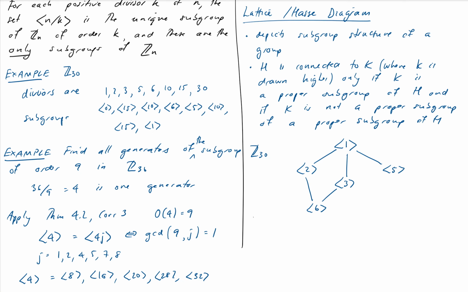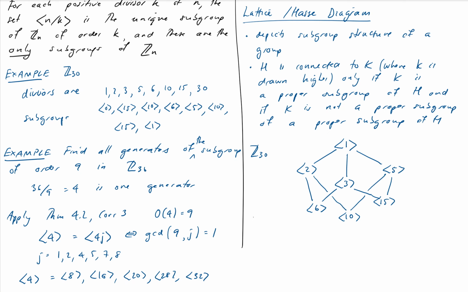Likewise, 15 is in a similar boat. Okay, it is a proper subgroup of 1, but it's also a proper subgroup of 3 and 5, so we connect it up to 3 and 5. Then we have 10, behaving the same kind of way. It's connected to 2 and 5, so I'm just going to draw it a bit like that.